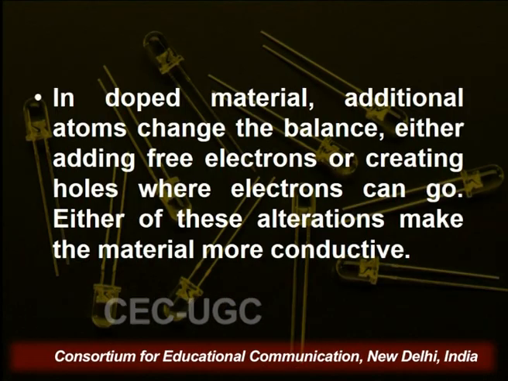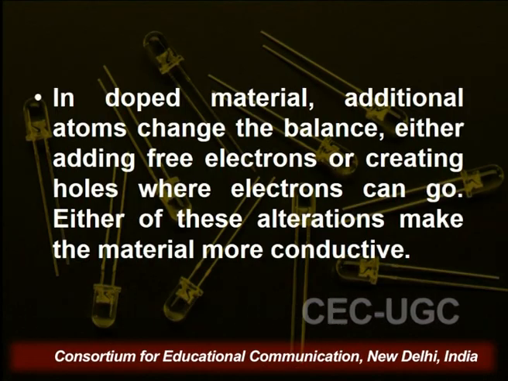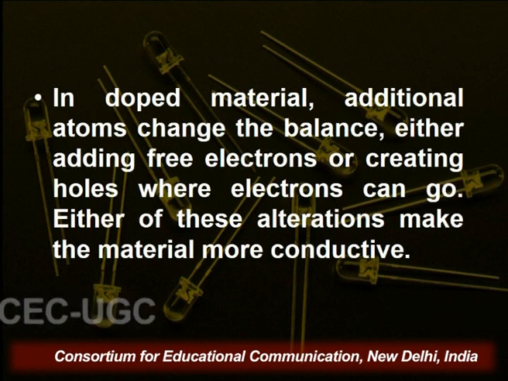In the doped material, additional atoms change the balance, either adding free electrons or creating holes where the electrons can go. Either of these alterations makes the material more conductive. A semiconductor with extra electrons is called an N type material, since it has extra negative charge particles. In N type material the free electrons move from the negative charge area to the positive charge area.